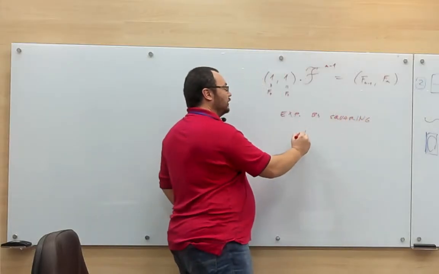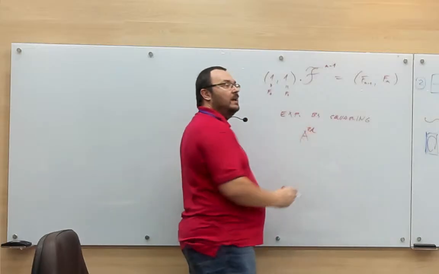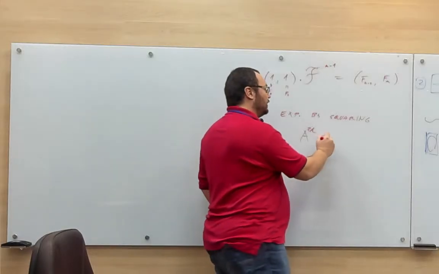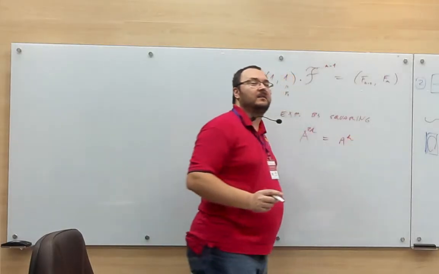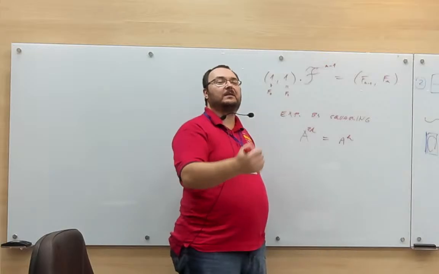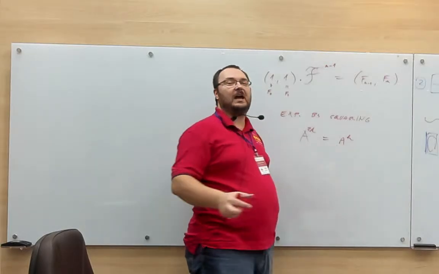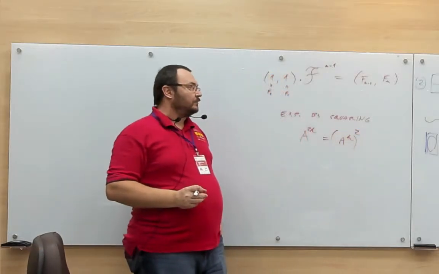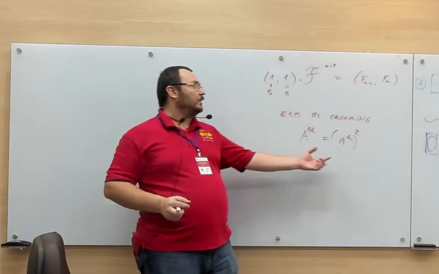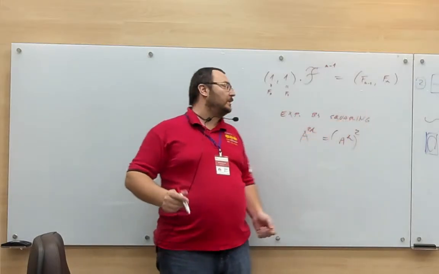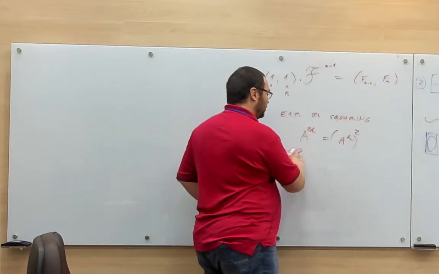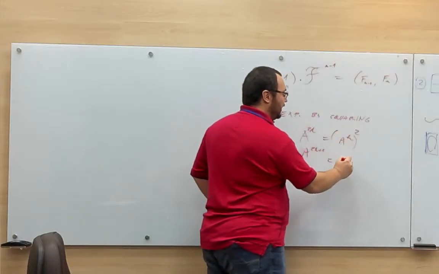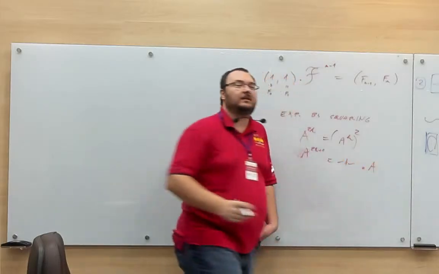If you want to compute a matrix to the power of 2k, you can do this by recursively computing the matrix to the power of k, and then using one additional matrix multiplication by taking this result you already have and multiplying it with itself and thereby squaring it. So in order to get here, you need to get there and then do one additional matrix multiplication. If you want to do a to the power 2k plus 1, you do the same thing and then you multiply it by another copy of a.